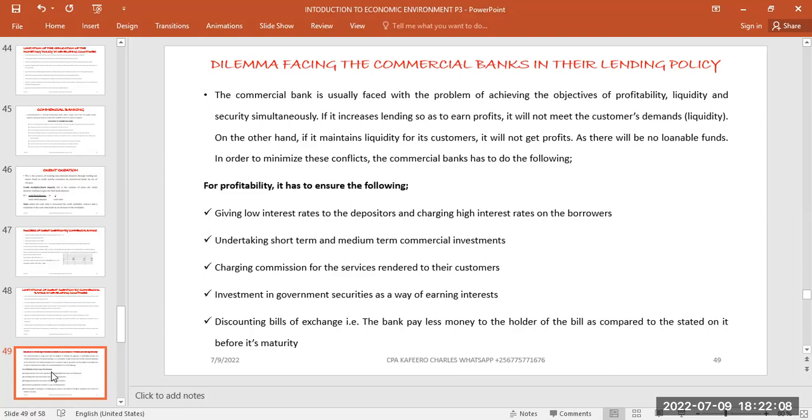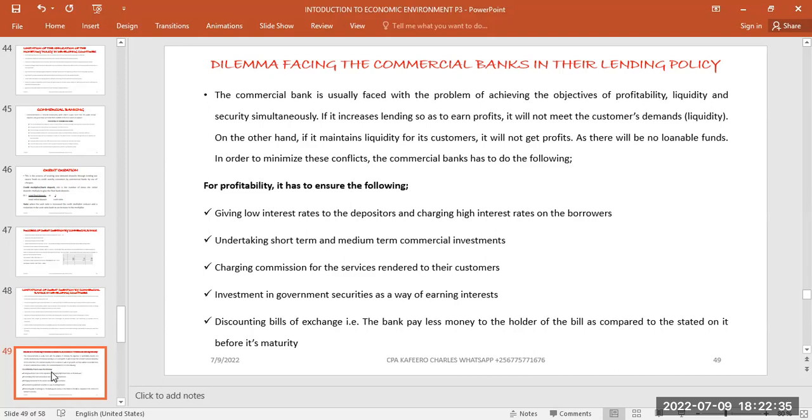So let's try to look at some of these. For profitability, if the banks want to achieve profitability, one, they have to be giving out less interest rates on deposits, or to depositors.